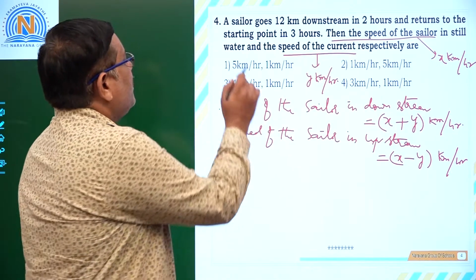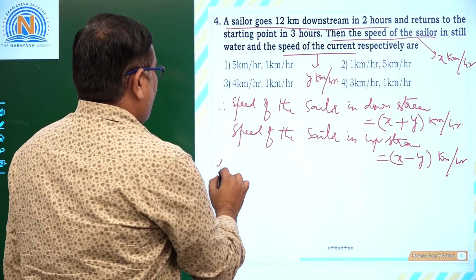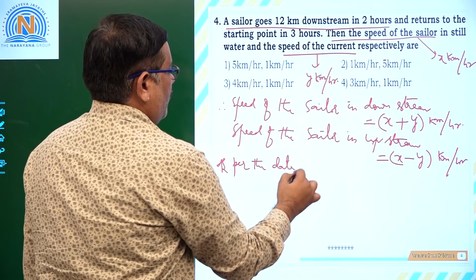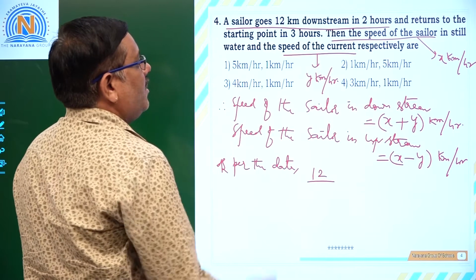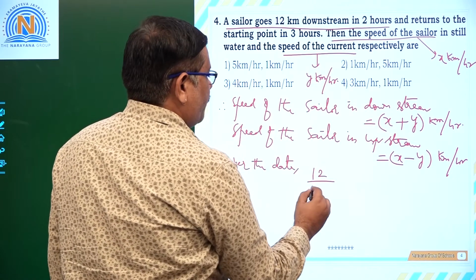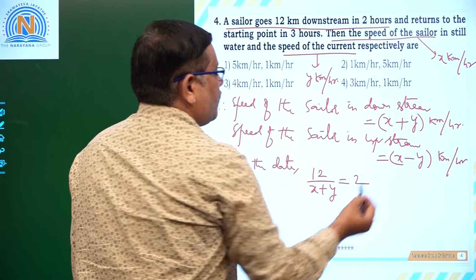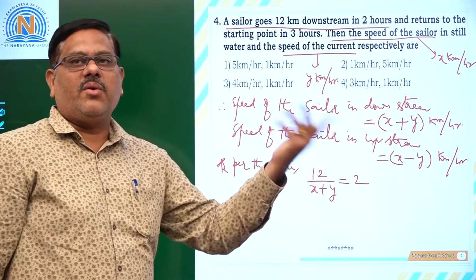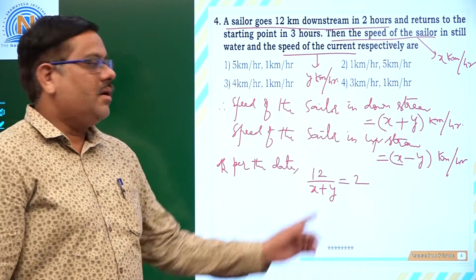Now what is he saying? The sailor goes 12 kilometers downstream in 2 hours. As per the data, 12 kilometers means the distance he is traveling in 2 hours. Distance by speed, that is 12 by x plus y, because in downstream, that is 2. Distance by speed is time, or distance by time is speed, anything you can take. So 12 by x plus y, that is the speed of the sailor, is 2.